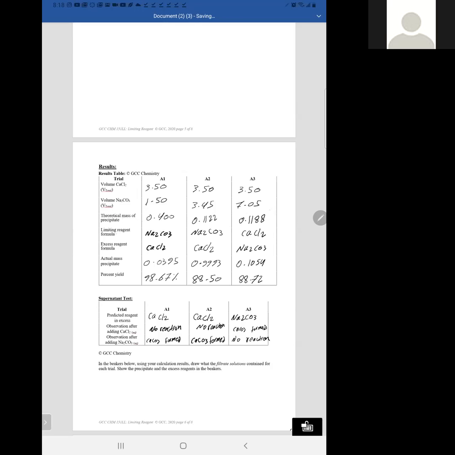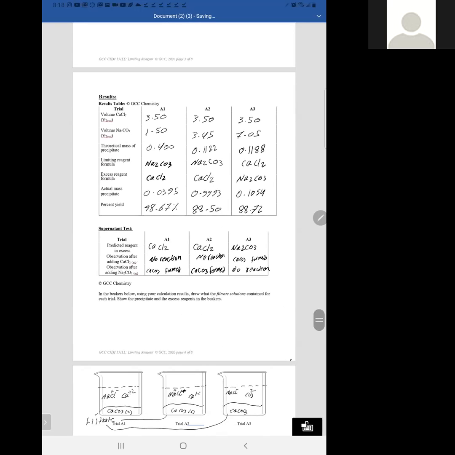So right here for the limiting reagent formula, because this one has the less number of moles, we chose Na2CO3. For the other one, it should be CaCl2 because it has more number of moles. This is going to apply for the A1, A2, A3.